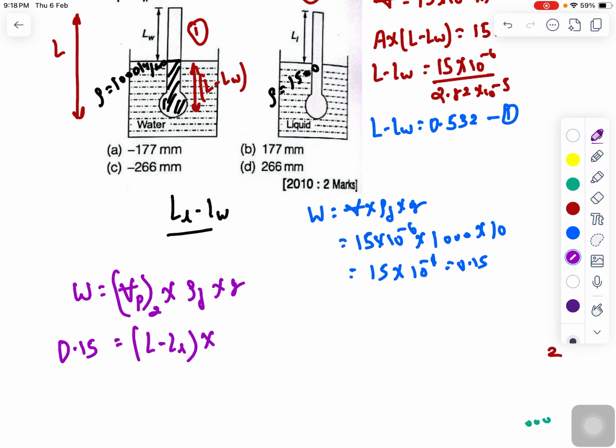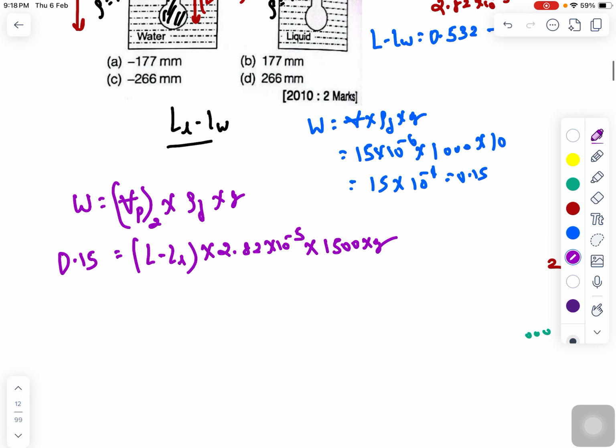And what is cross sectional area here? That is again 2.82 into 10 to the minus 5, because cross sectional area is not going to change. Same object is there, but only length is going to vary because of change in density. Multiplied with density of fluid, which is 1500, into g. So here we only have to calculate the value of L minus LL.